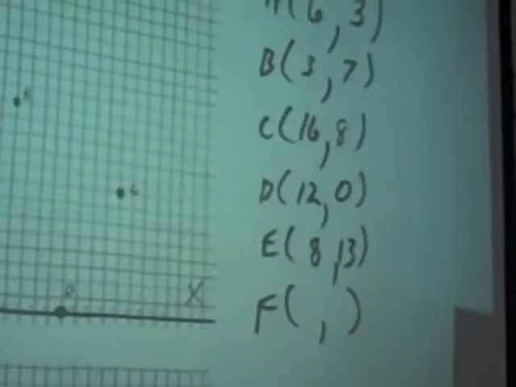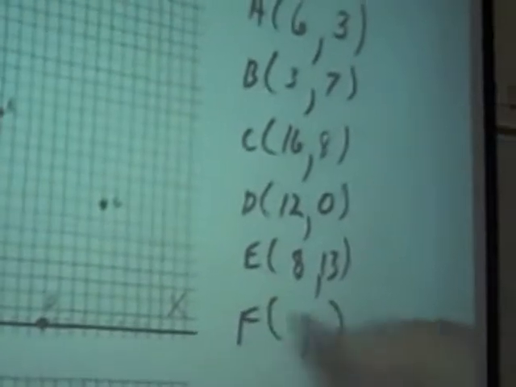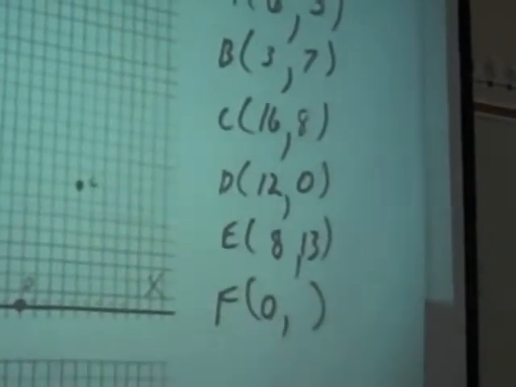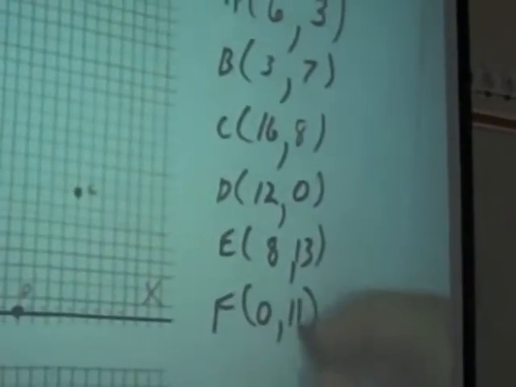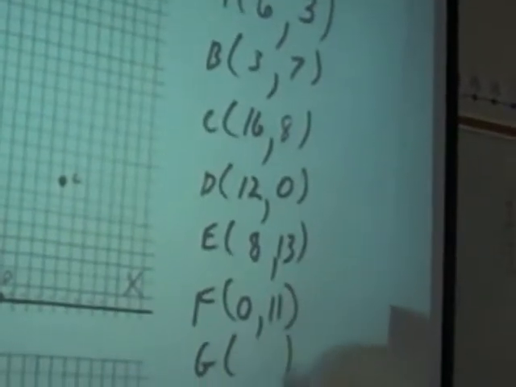F: hallway 0, elevator 11. Last one, G: hallway 1, elevator 3. Man, how are we doing?